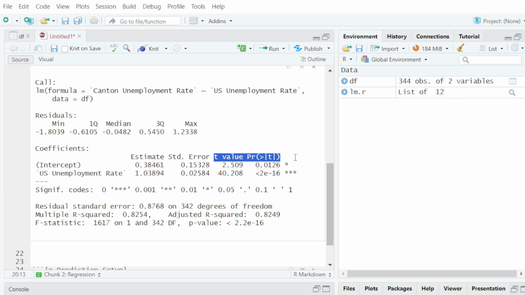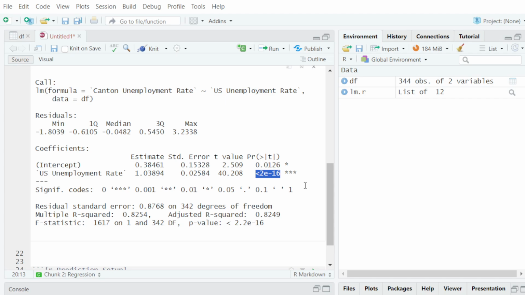So this 2.5 for the t-value, and very importantly, the p-value of 0.0126, is based on testing: is the intercept equal to 0 or not? Equal to 0 is our null hypothesis. If we have a really low p-value, typically less than 0.05, then we would reject that. So this is telling us, yeah, the intercept is probably not equal to 0. And then this one, just a reminder of how R will show numbers.